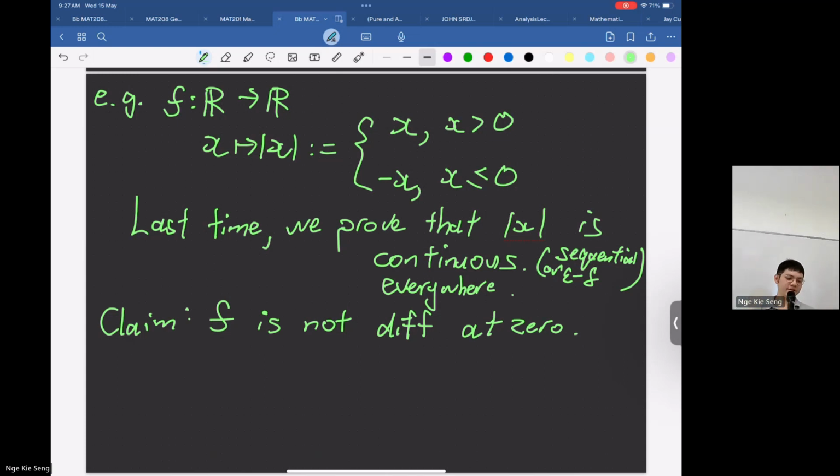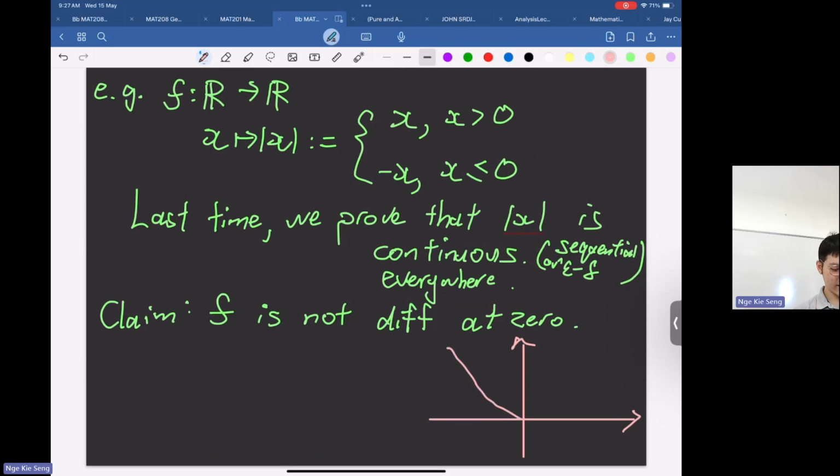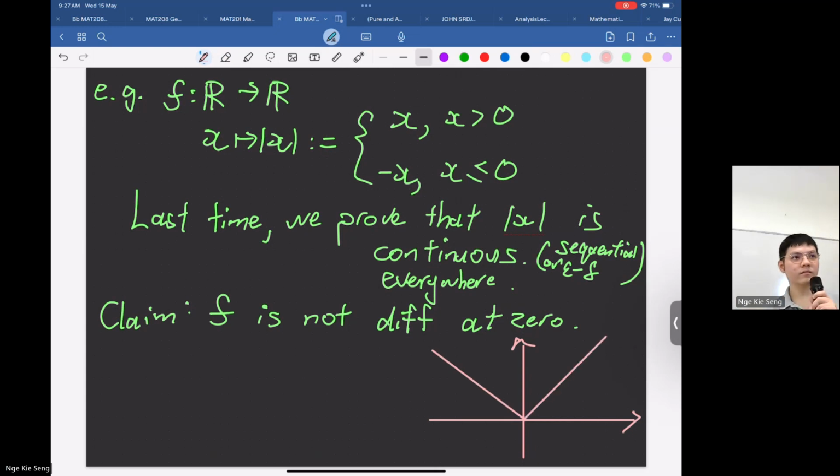Think about it. Not too hard. You can talk to each other. One way you can think of this is the graph. How does this graph look like? This function looks like this.